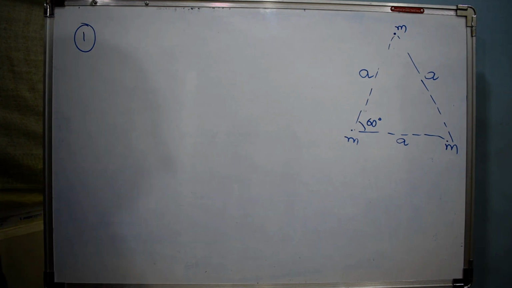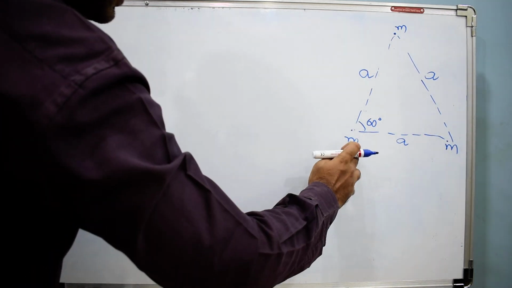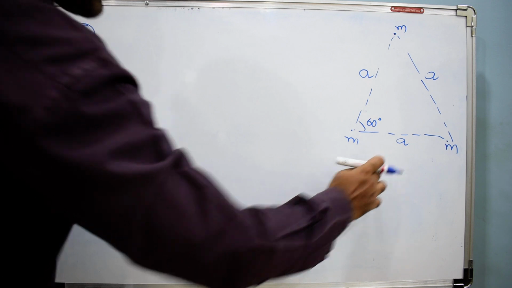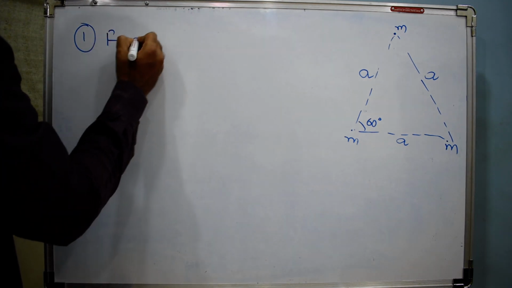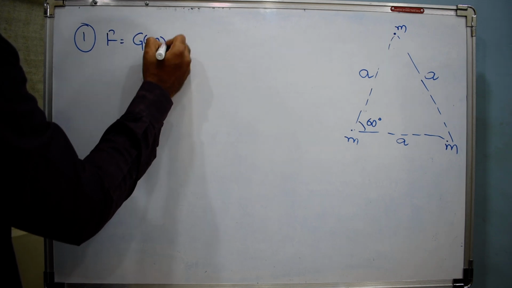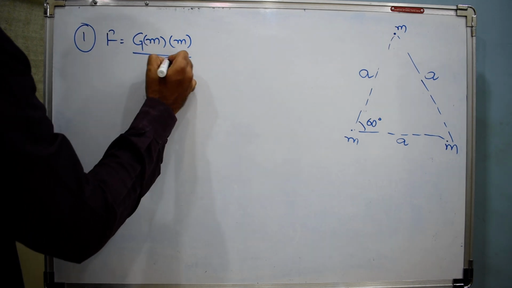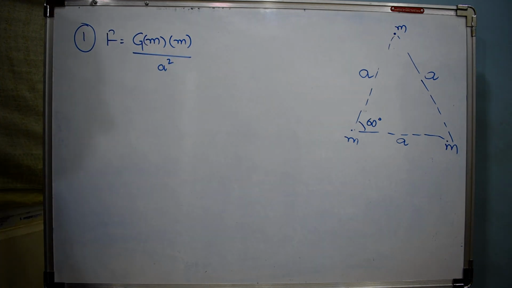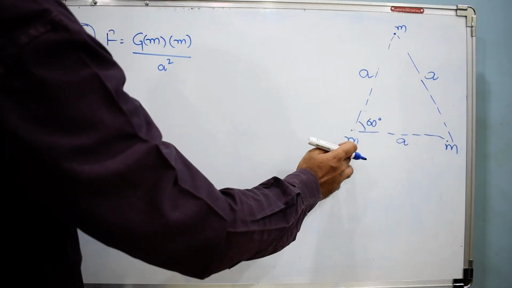Okay, now if we take this mass, it exerts a force on this mass in this direction, and the magnitude of that force is given by G into m into m by a square, the product of masses by a square, where a is the separation between them. This is the magnitude of force exerted by this mass on this mass.